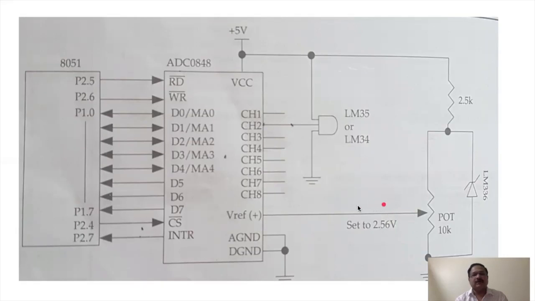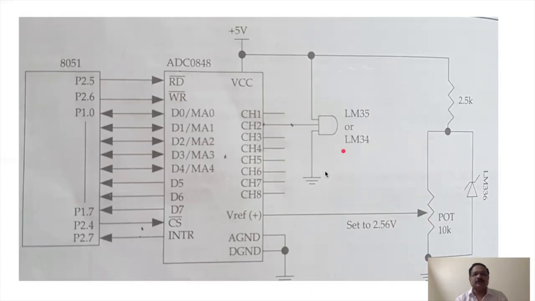Either ADC 0808 or ADC 0848, 0809, all are the same, belonging to the same family. So don't confuse. And here through this port we can vary the input voltage, right?